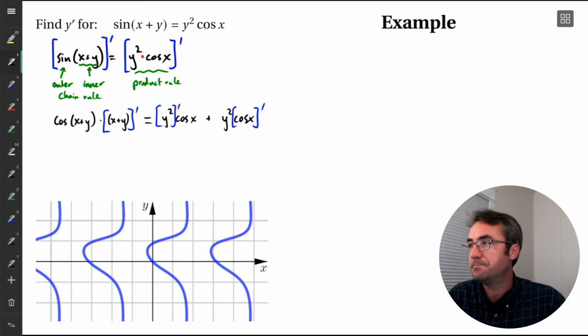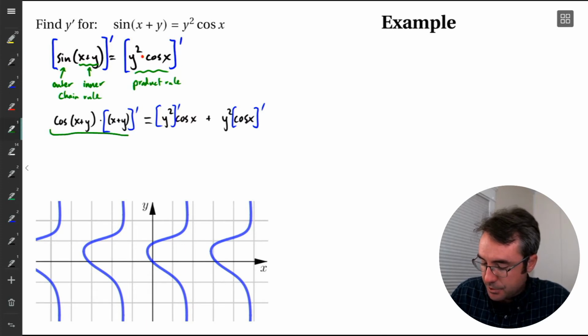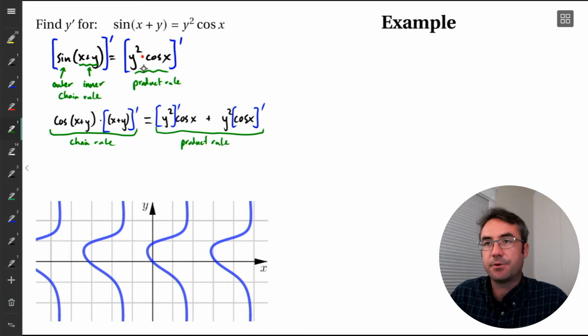So that's product rule. Again, chain rule and product rule. So we're using some of our more advanced differentiation techniques here to calculate the derivative of these terms that have both an x and a y in them.